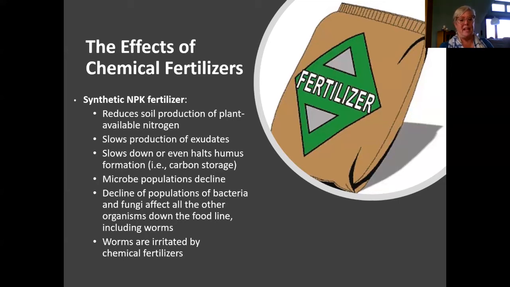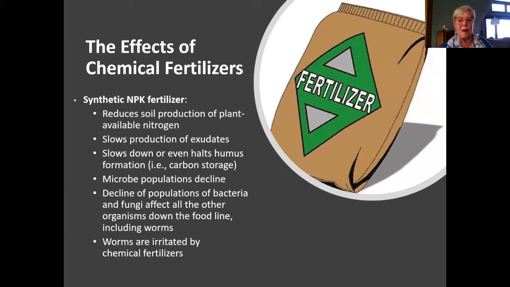One of the negative aspects is they reduce soil production of plant available nitrogen. Chemical fertilizers are salts, and they really interfere with the soil organisms themselves. The bacteria and fungi are reduced in numbers and diversity by the use of chemical fertilizers.